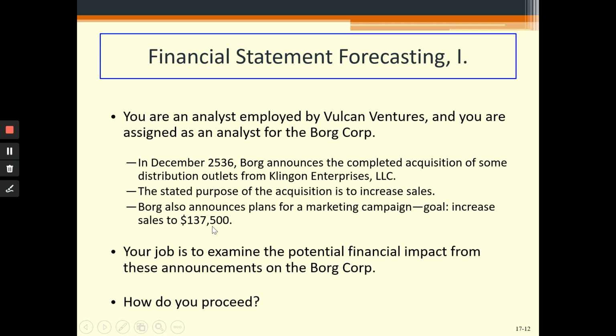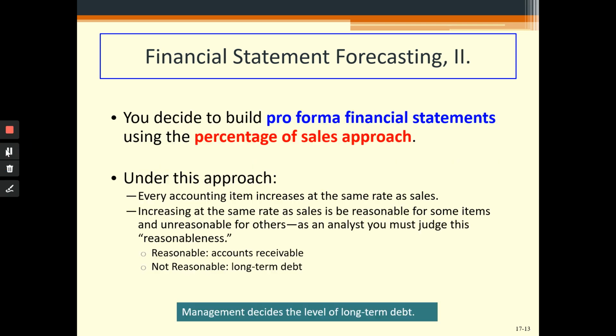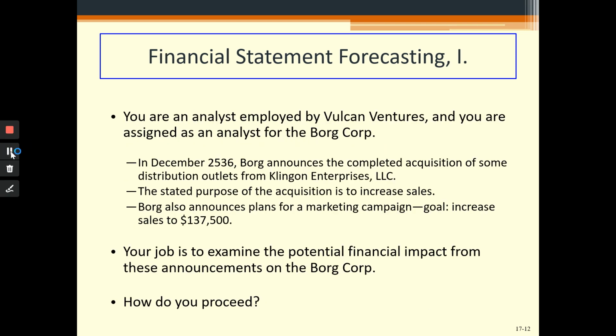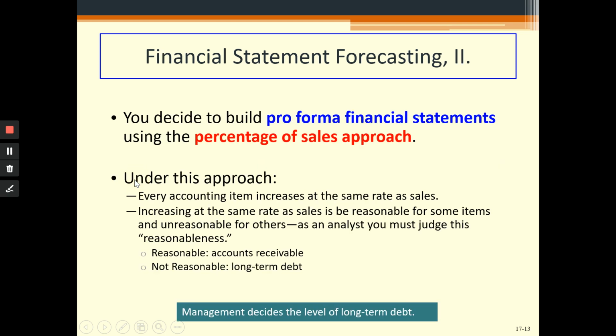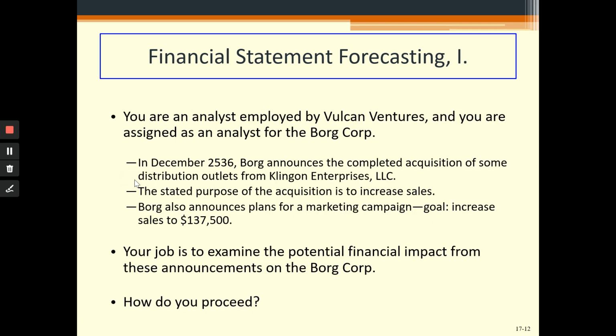Remember, what was the sale in the year 2536? It was 110,000. But for the following year, 2537, they wanted to increase the sales to 137,500. Pause over here and see how much percentage increase they want. Yes, you're right. They wanted to increase the sales by 25%.